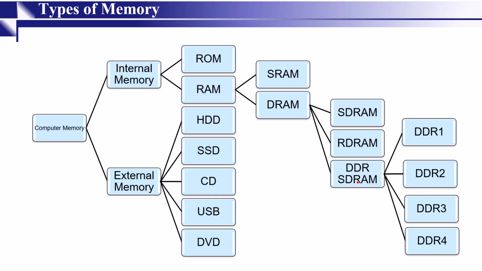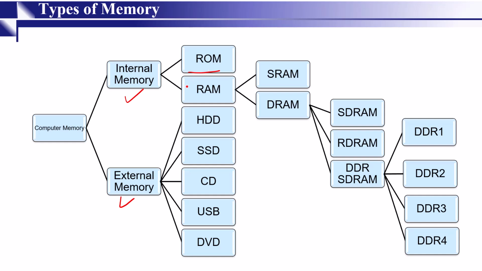So computer memory can be categorized into internal memory and external memory. Internal memory is also known as primary memory. These are used for fast access and also temporary data storage. Under this category, we have ROM. ROM stands for read only memory.